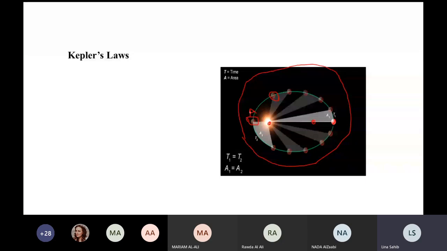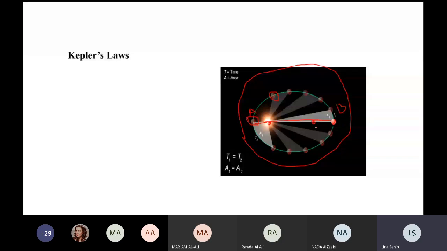The distance now from the Earth to the Sun is very short. Can you see this? But at point B, the distance between the Earth and Sun is longer, as you see here.